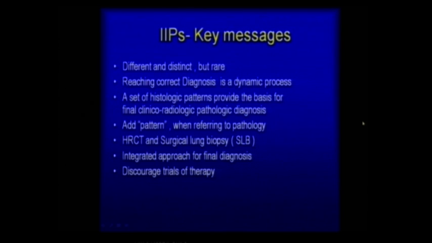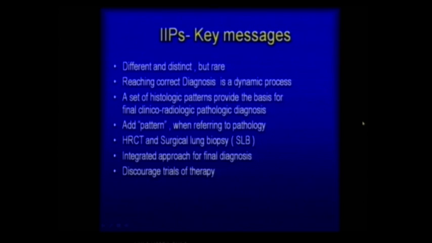Now, just listen to this one. This particular group, they are different and distinct diseases, but rare, and reaching the correct diagnosis is always a dynamic process, and there is a definite set of histologic patterns for each of them. HRCT and surgical lung biopsy are important, and an integrated approach is required. That is why we need all this.